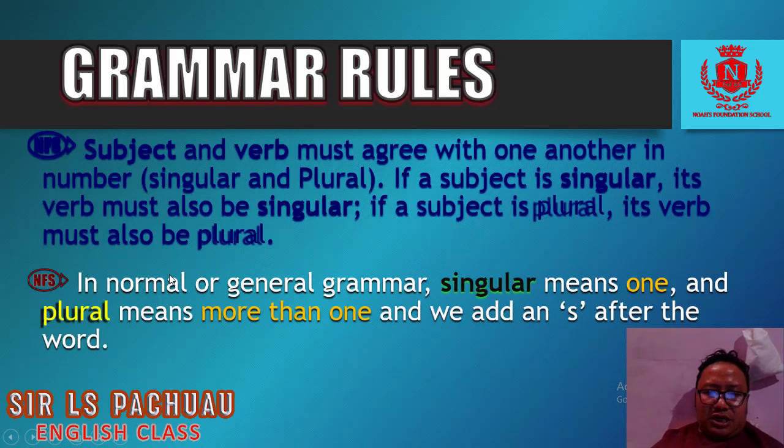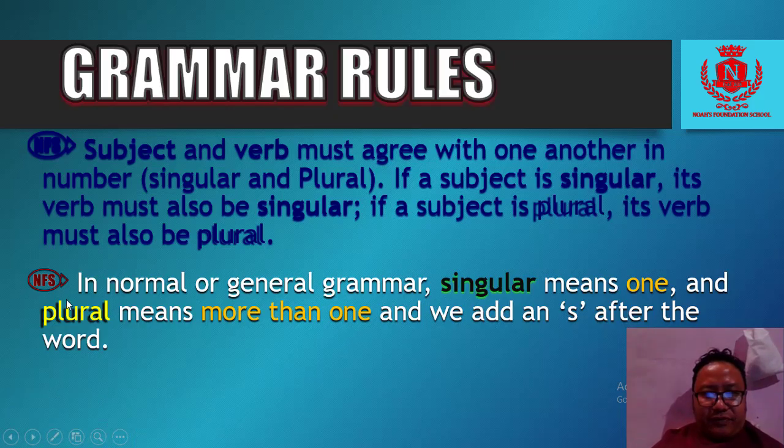In normal or general grammar, singular means one and plural means more than one, and we add an S after the word. Okay, here we are talking about verbs, but let me say in nouns, if we add an S, singular turns into plural. But here the verb with an S is singular.